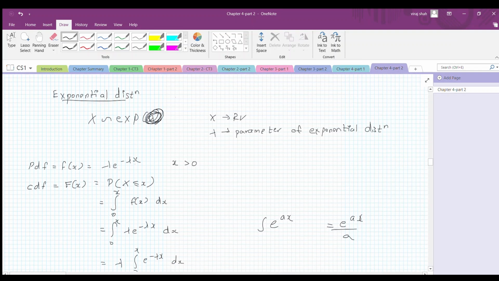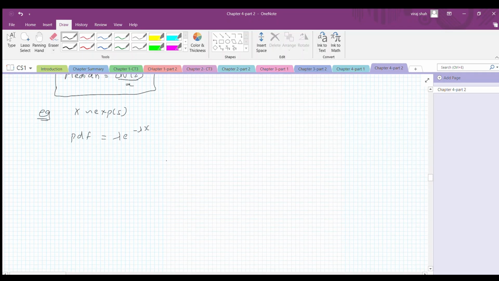So I can write this as 5 e raised to minus 5x. Okay, what would be my CDF? CDF formula is nothing but 1 minus e raised to minus lambda x. Therefore, my CDF would be nothing but 1 minus e raised to minus 5x. Instead of lambda, I'm just writing 5 because this denotes lambda. Okay, this is an example of how you write it.